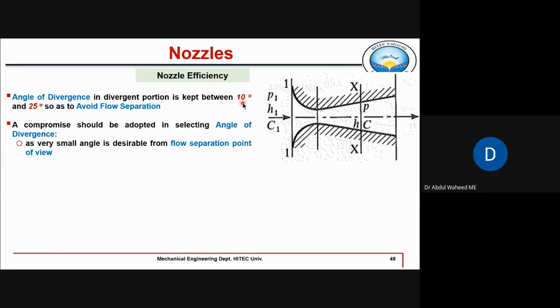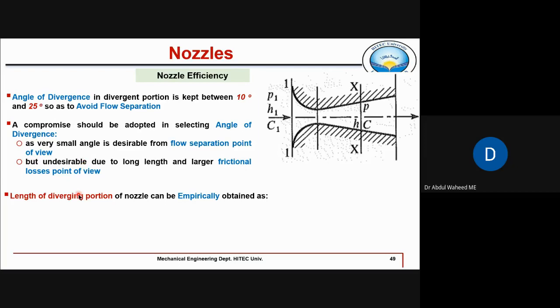We have studied that a very small angle is desirable from the flow separation point of view. You want to keep this divergence angle as small as possible so that there is no flow separation. But this is undesirable due to a very long length, because long length means larger frictional losses. So you have to compromise between these two phenomena.